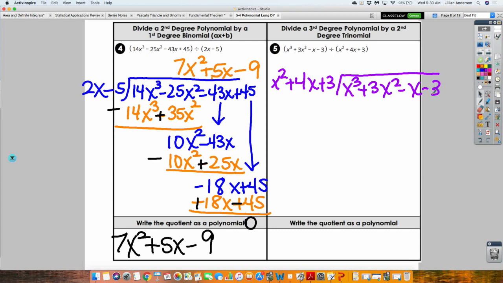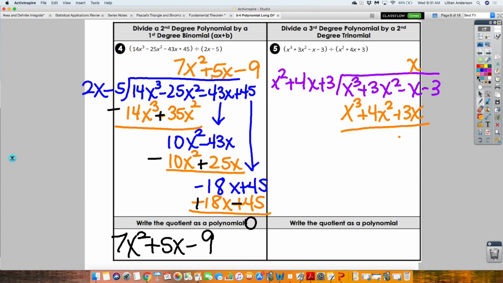Because think about it. You still start off. x squared times what gives me x to the third? x. So I'm already almost lined up. Okay? So x times x squared gives me x to the third, x times 4x is 4x squared, and then what's 3 times x? 3x.